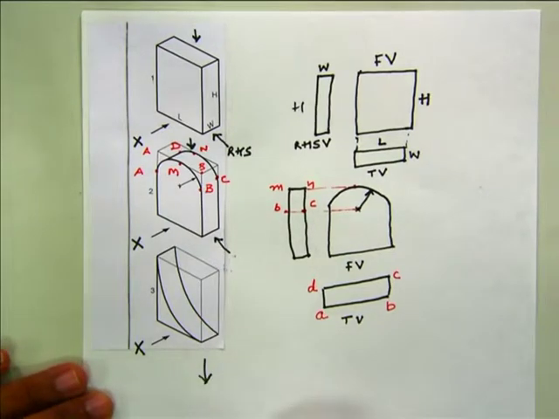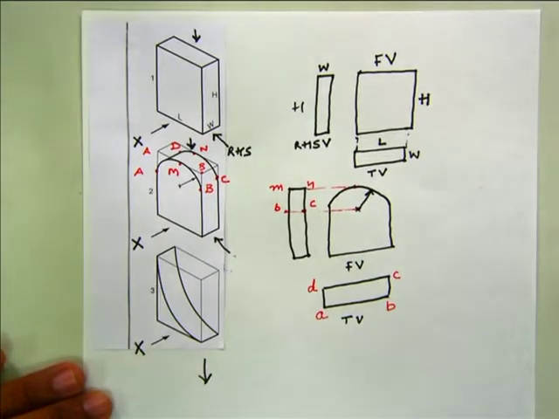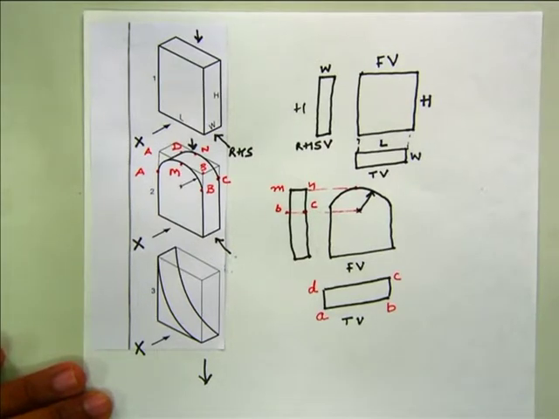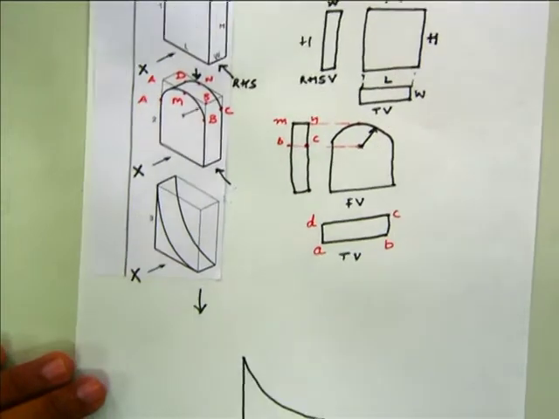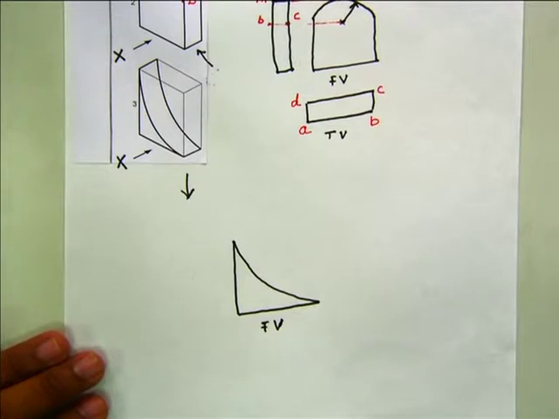You can see this curvature in front view, so the front view becomes the true shape.